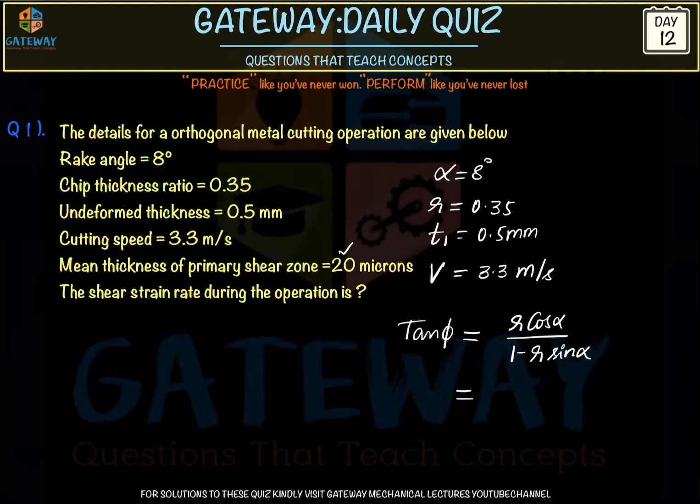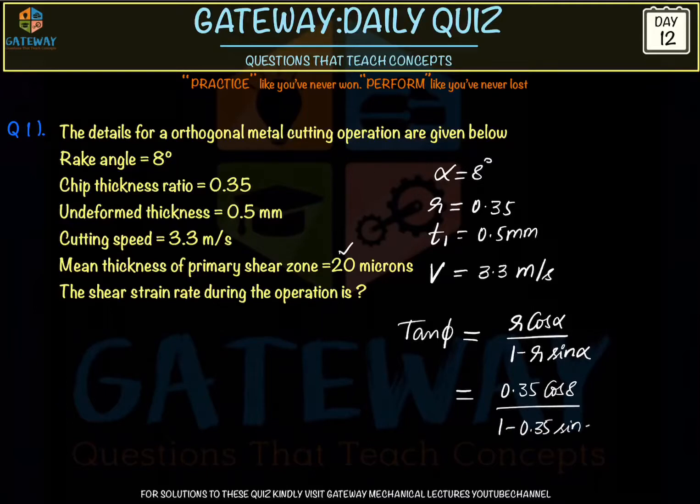So we will substitute. r is given in the question as 0.35, and alpha is 8 degrees: cos 8 degrees upon 1 minus 0.35 into sin 8 degrees. In the GATE examination, how we perform the calculation is: initially we enter 8 and apply sin to that, then multiply it by 0.35, then multiply by minus 1 and add 1 to it.